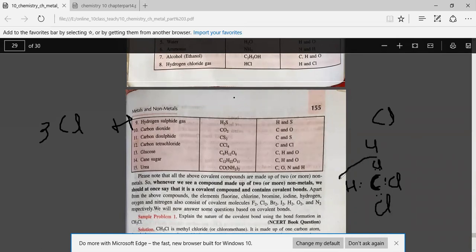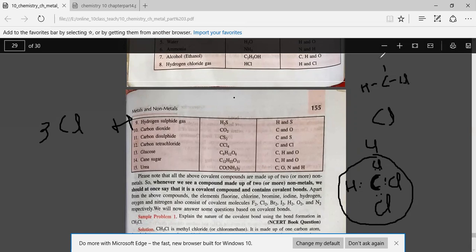Okay, so this carbon and hydrogen are sharing one pair of electrons, so they have one single bond, and this is also so for chlorine and carbon. So we have a single bond between each, between carbon and chlorine also.